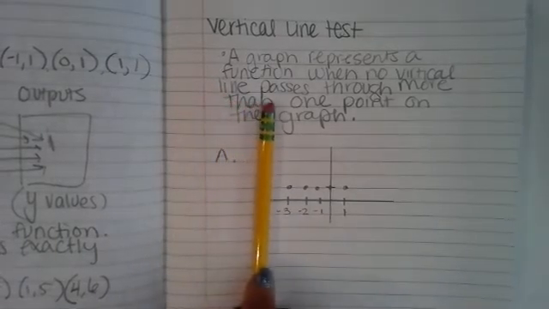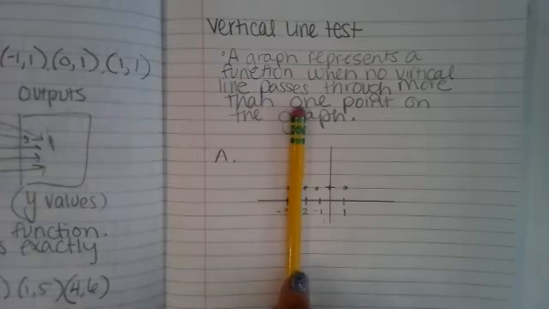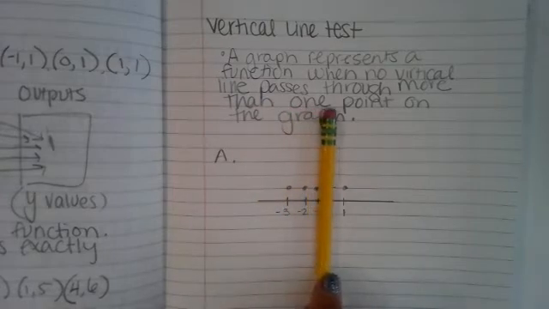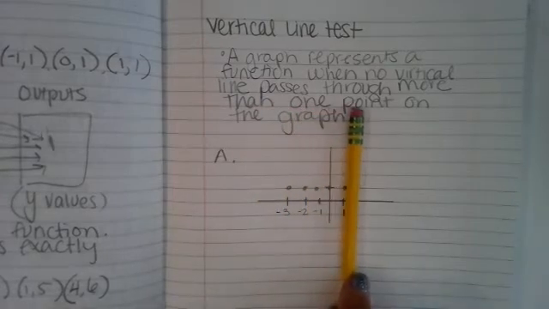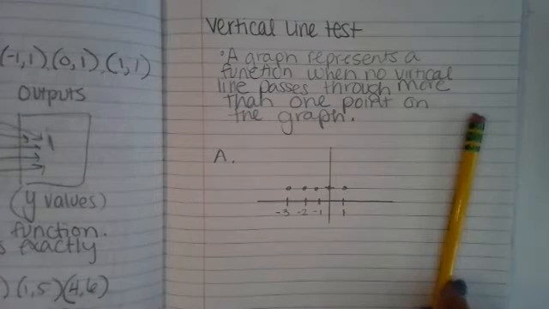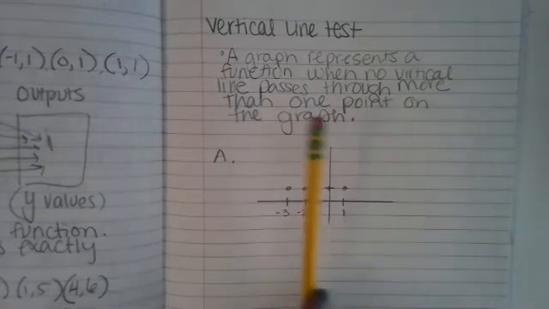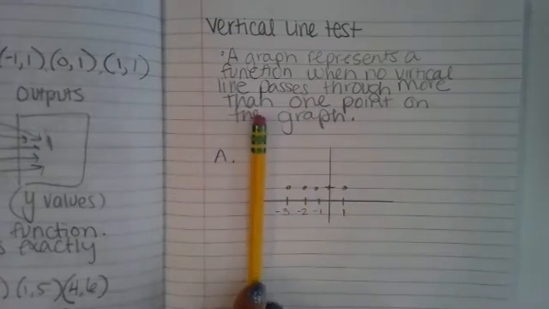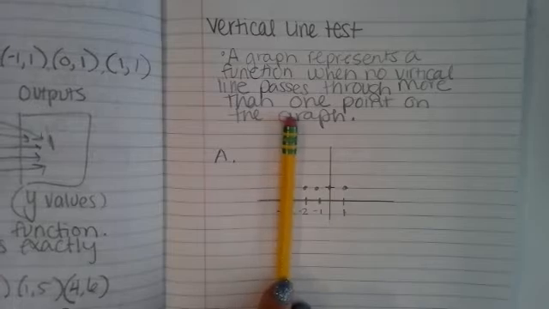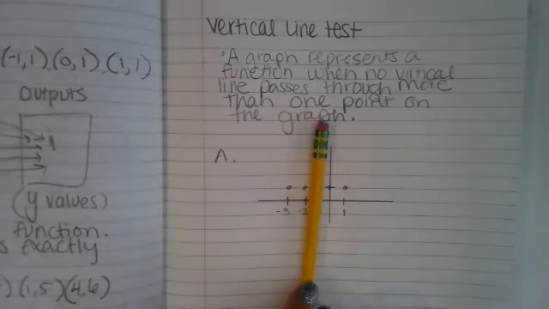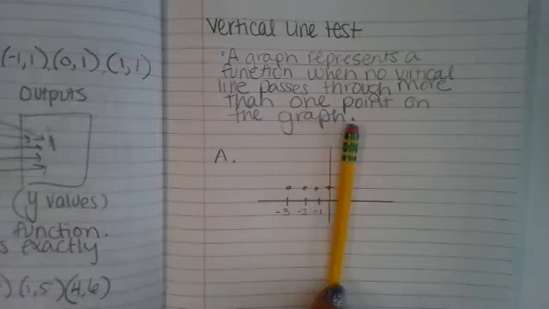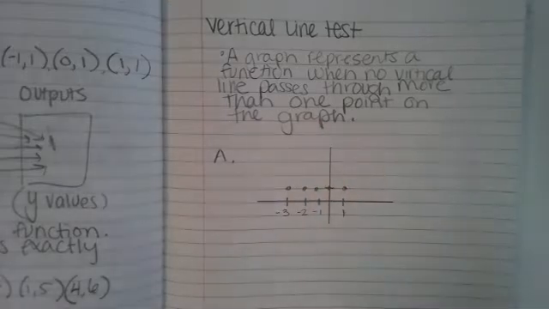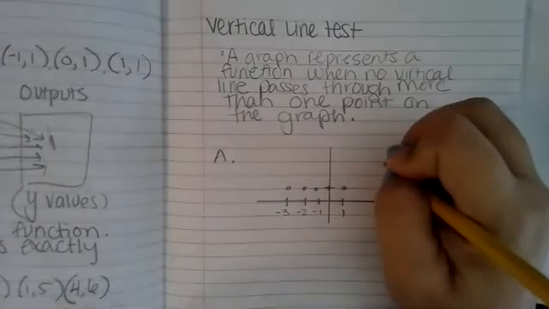And when I move it across, it's only touching one point at a time. Therefore, it's a function. Okay, so again, a vertical line up and down. I move it across the graph. If it's only touching one point of the graph at a time, then it passes, and this is a function.